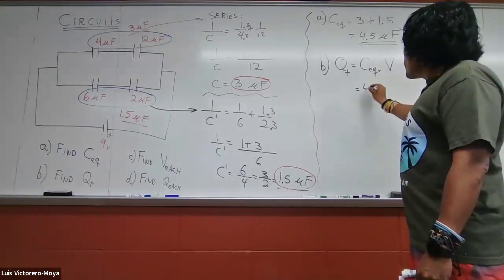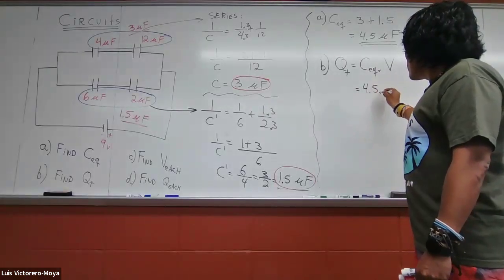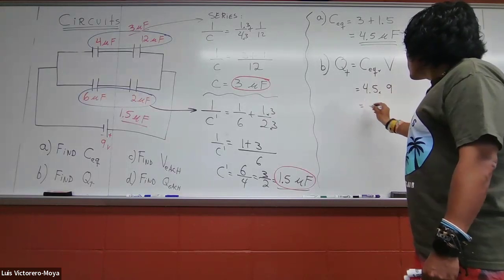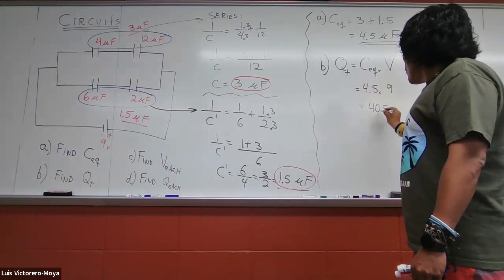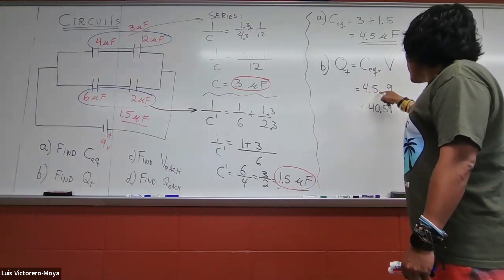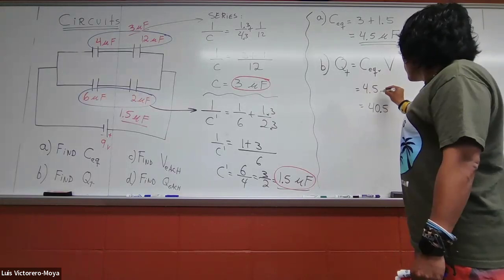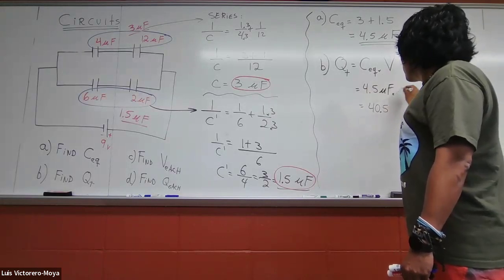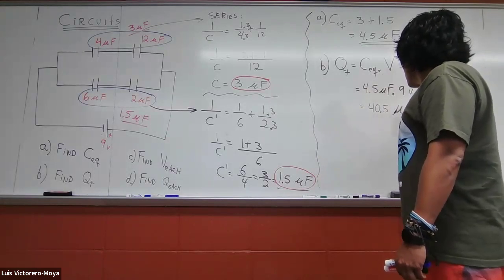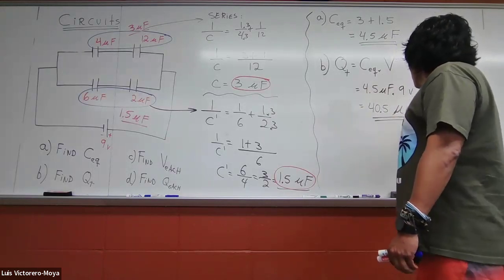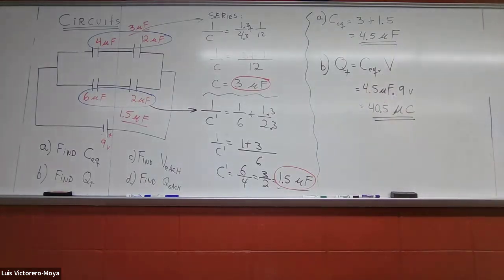C equivalent is 4.5 times 9. 40.5 microfarads times 9 volts, microcoulomb. So A and B are quite easy, right?